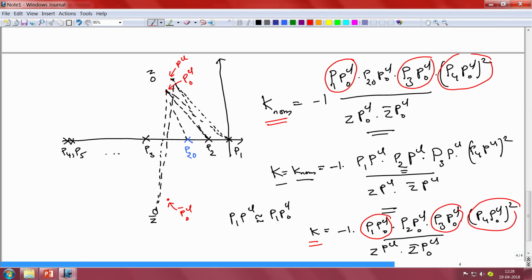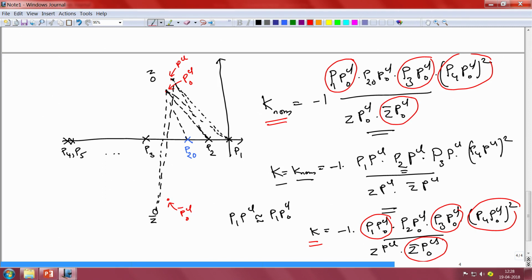In the denominator I cannot circle Z PCl naught and Z PCl because these two are different. So I have Z bar PCl naught as a second term in the denominator of the first expression, and I have the same term also repeated in the final expression.